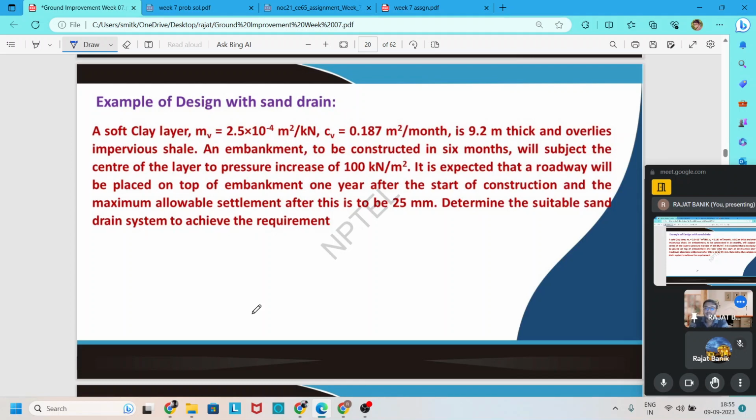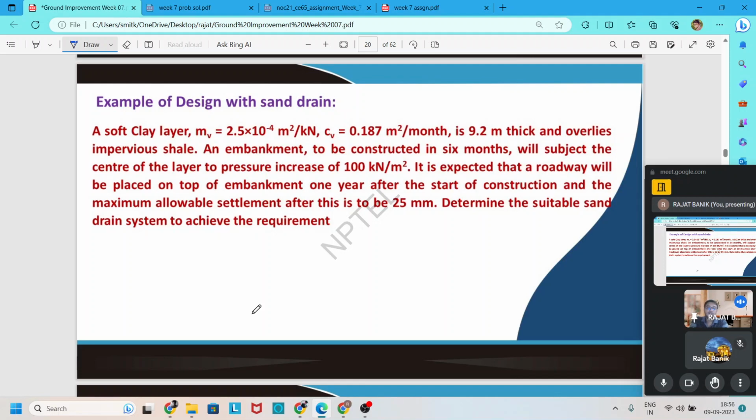It is said that a soft clay layer has MV equal to 2.5 into 10 to the power minus 4 m square per kilonewton, and CV equal to 0.187 meter square per month. It is 9.2 meter thick and overlies an impervious sheet.